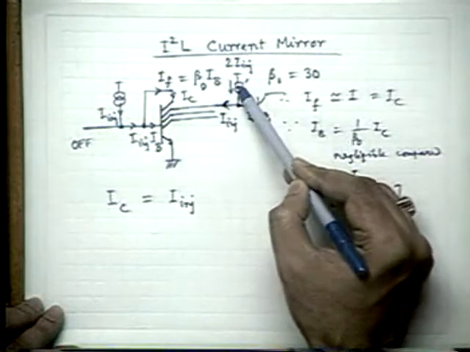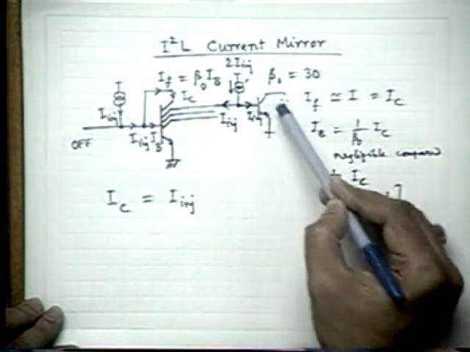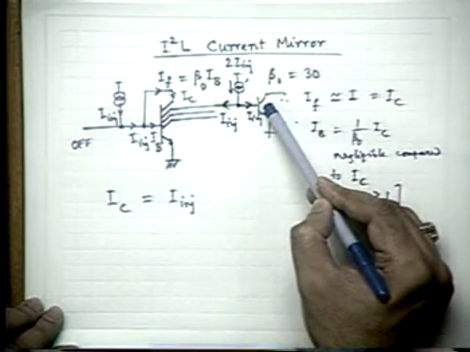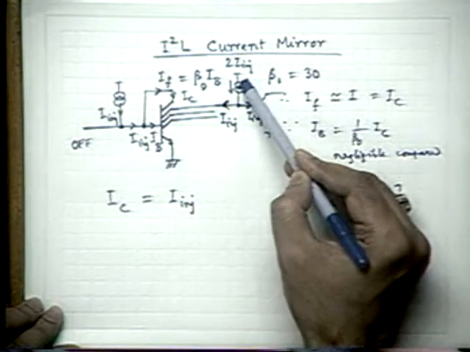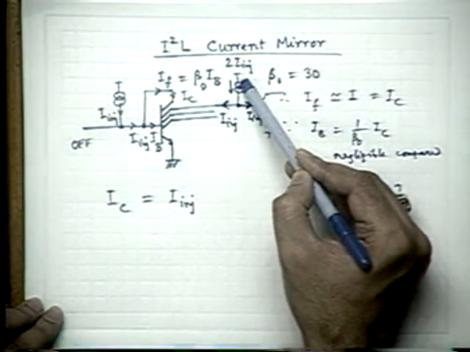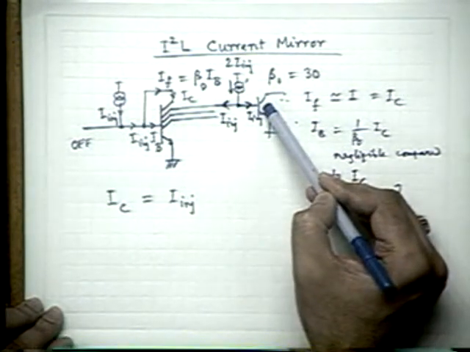Suppose I design it with exactly I injector, then what will be the status of this transistor? Off. Suppose I design it with 0.5 I injector, what will be the status of this transistor? Off.